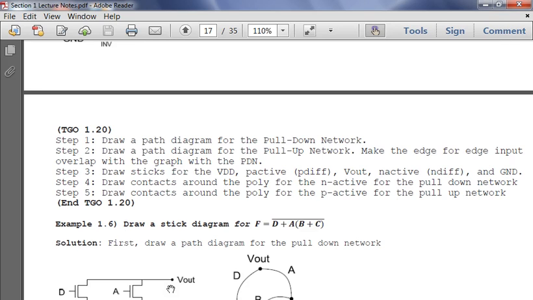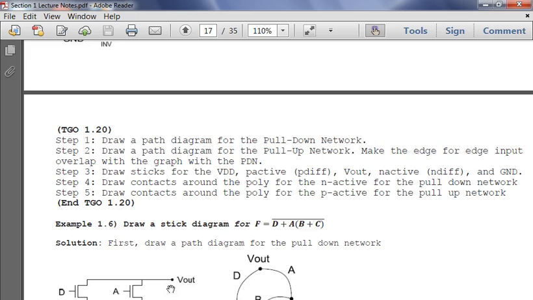So if you recall, example 1.6 is kind of the same as example 1.4 from earlier. We had that same equation, not D or A and B or C. So we want to go from V out. Let's go over here.